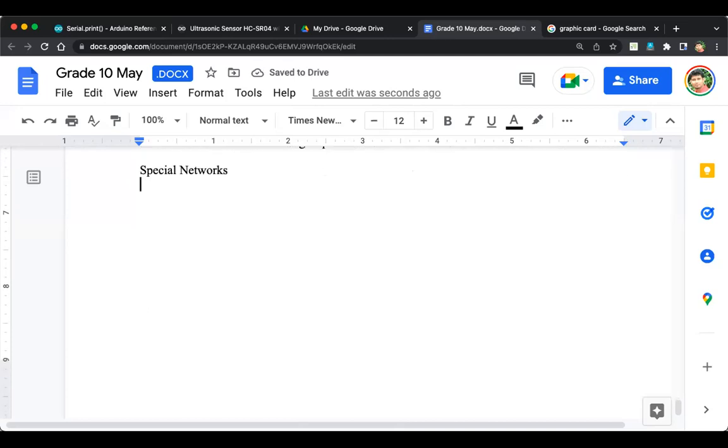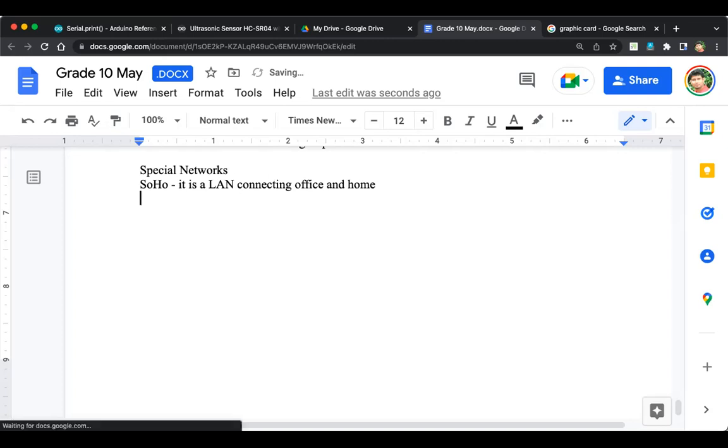There can be SOHO networks, connecting office and home. It is a local area network connecting office and home. Sometimes you have a home office. So this is small office, home office.